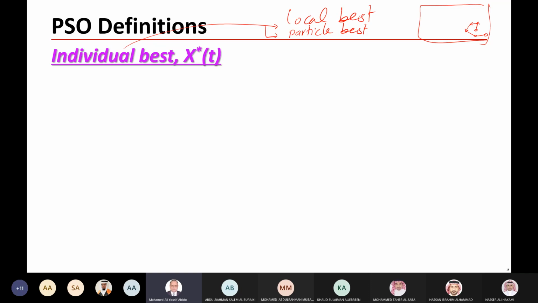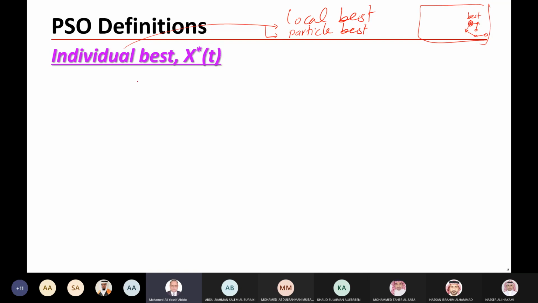So the particle can assign what is the minimum objective, or what is the best position that this particle visited so far. So you can have the particle is here, but the best position was there. This is the best position for the particle. It visited this one, but in the second iteration it moved to this one, but still the particle remembers its best position.